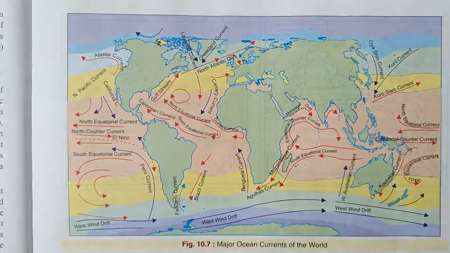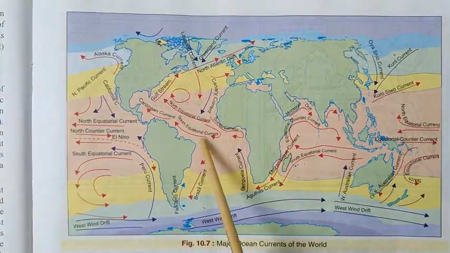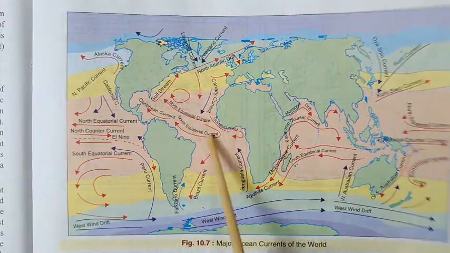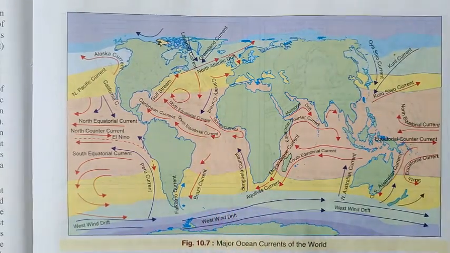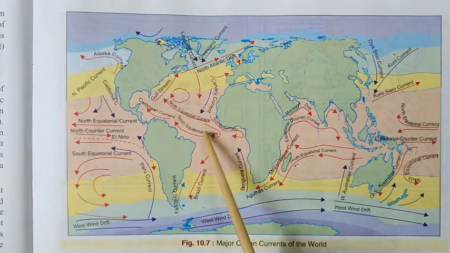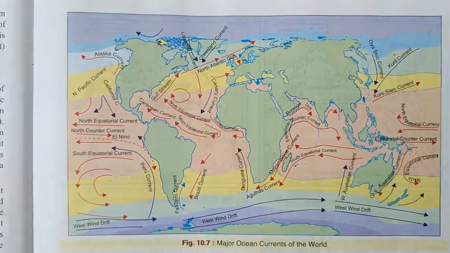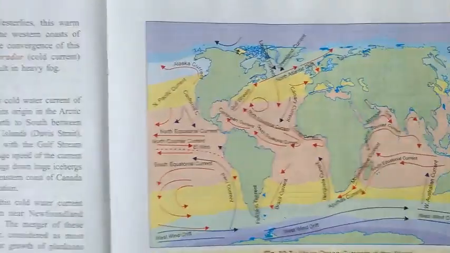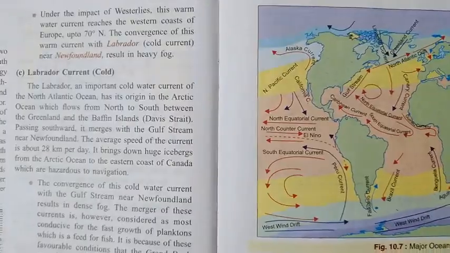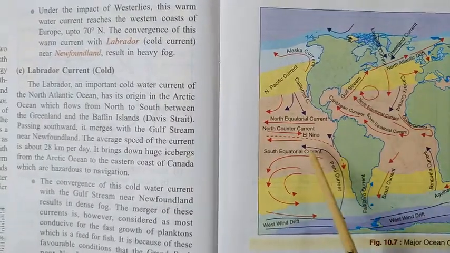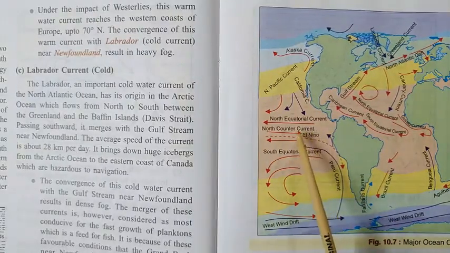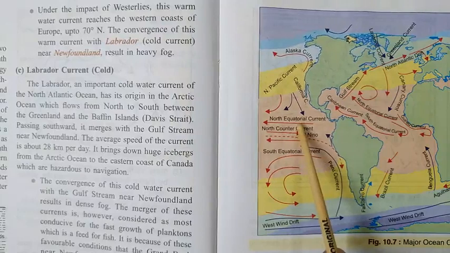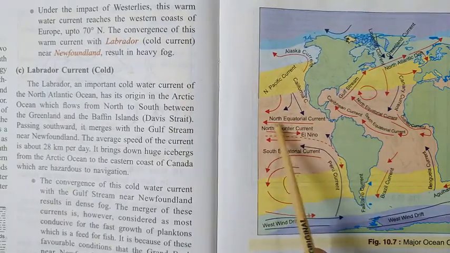The first is the North Equatorial and South Equatorial current. This picture is not shown properly here, but look here in this Pacific Ocean: the currents which flow close to the equator in the northern hemisphere are called the North Equatorial current.